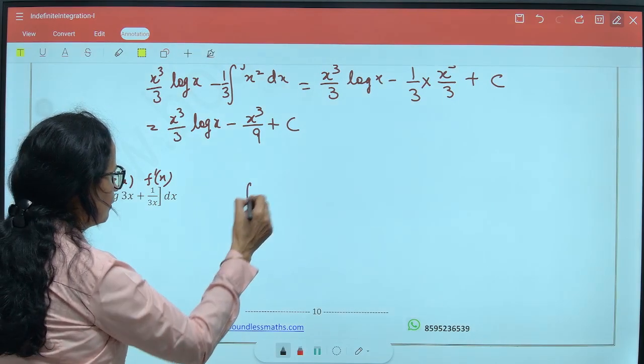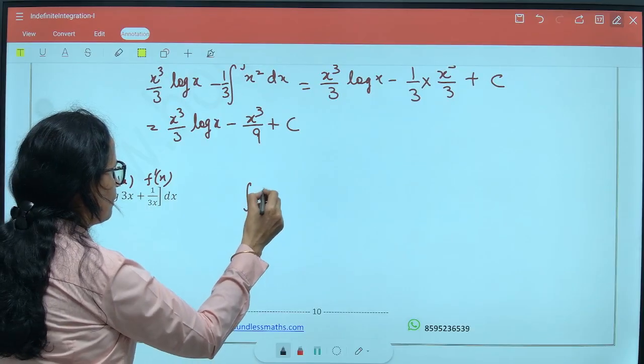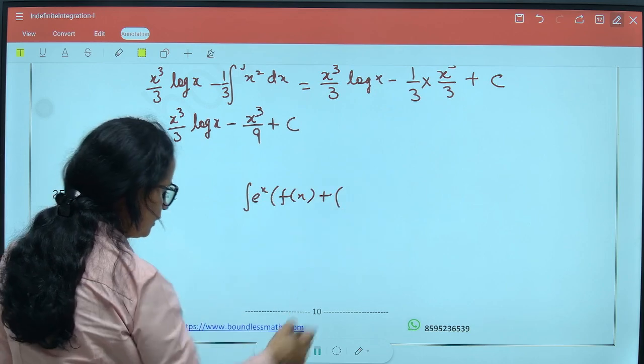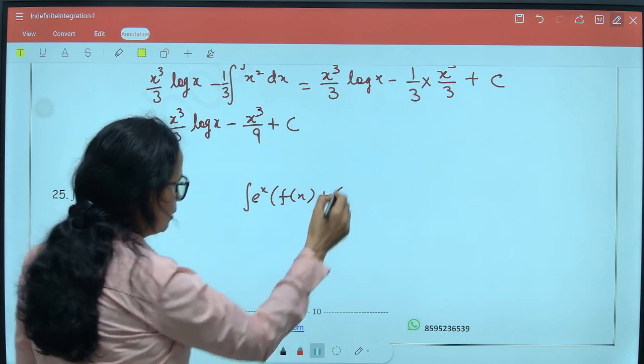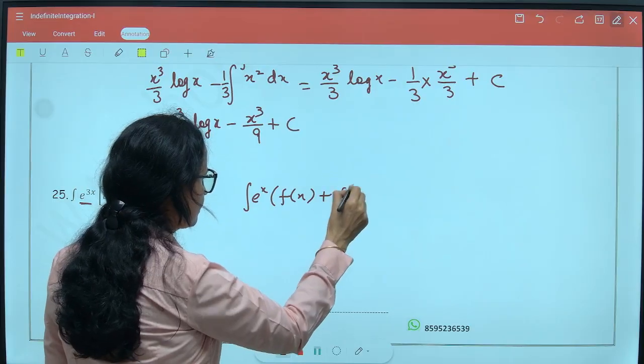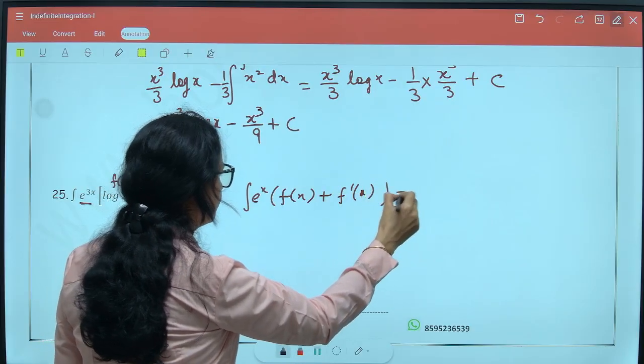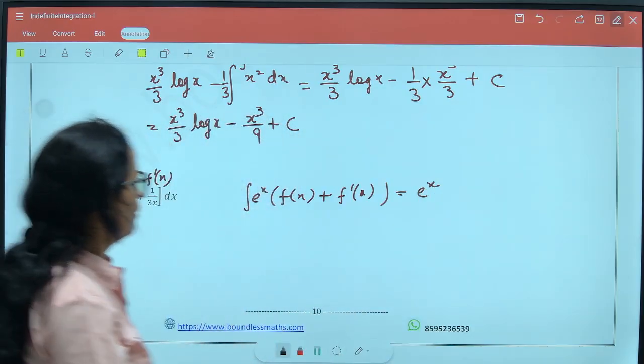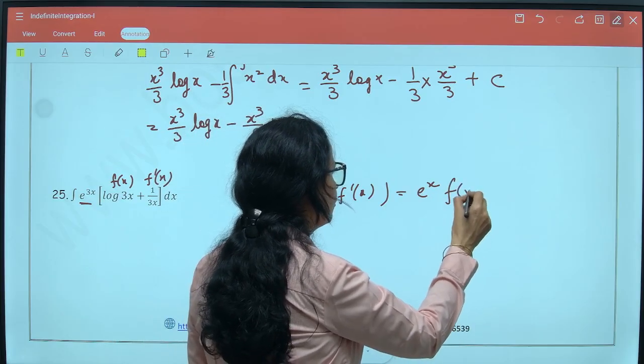What is the formula? E raised to power x, and if you have a function and its derivative being added inside the bracket, we just write this as equal to, it is as good as e raised to power x f(x) plus c. That's it. Your work is done.